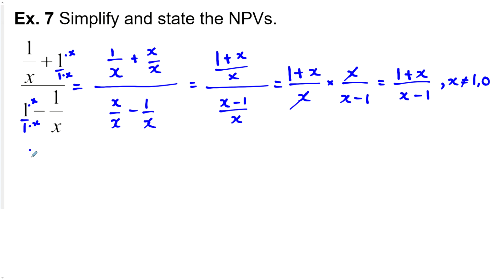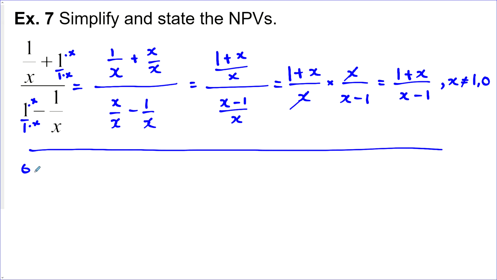Now let's do this question a different way. So we'll put an or here. This one's a bit harder. You might have noticed that there's a 1 over x in the numerator and in the denominator. So we could actually factor that out. 1 over x. So in the numerator, 1 over x, and when I factor it out, that's 1 plus x.